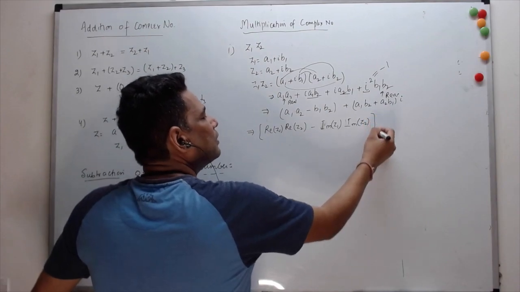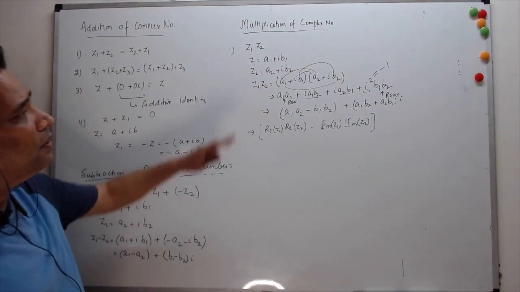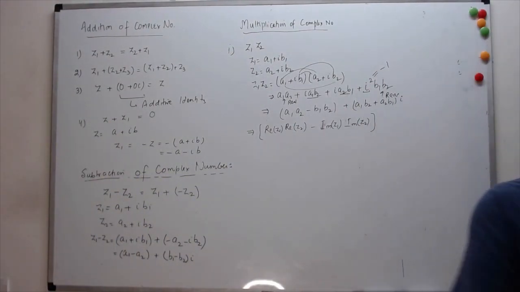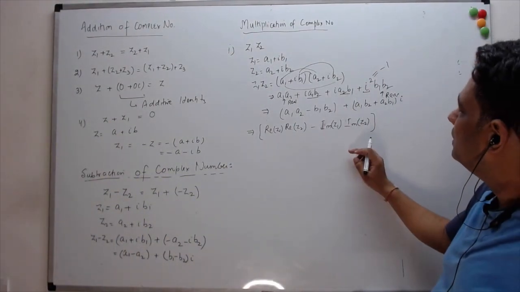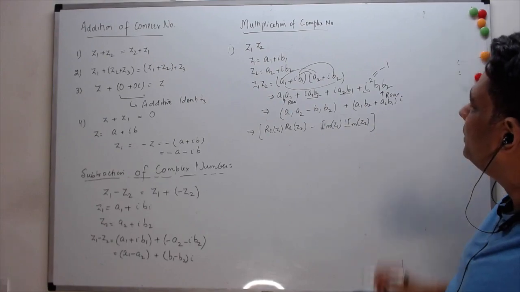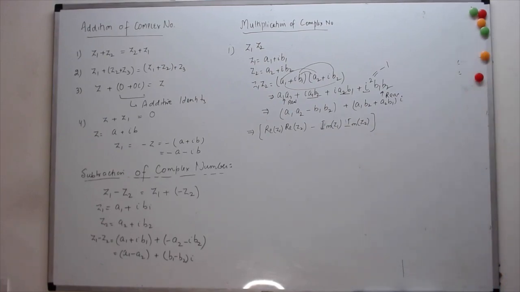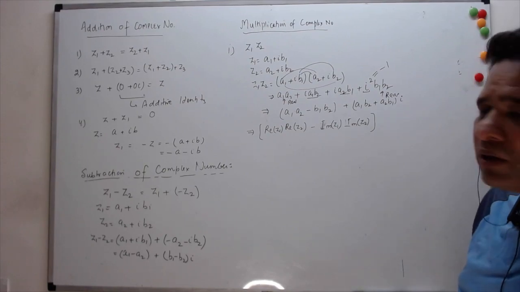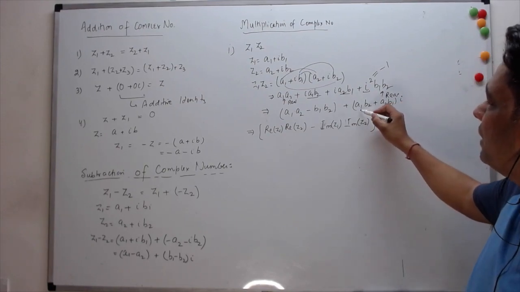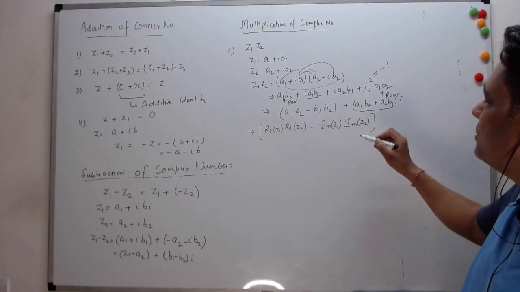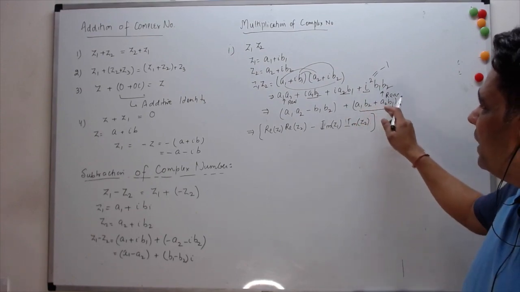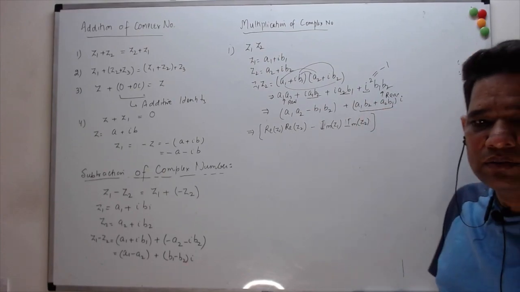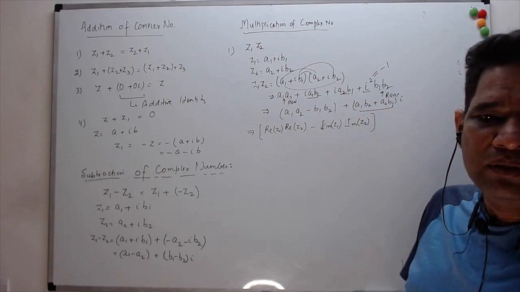That's your real part of the product, because ultimately when you're doing a product, you are, in this case, getting a complex number. It's quite possible that in some cases the product may not be a complex number, as you can tell if this imaginary part becomes 0. It depends on the values of A1, A2, B1, B2.